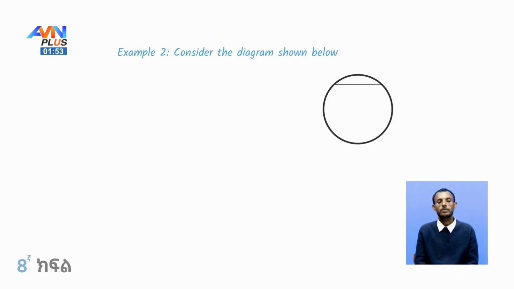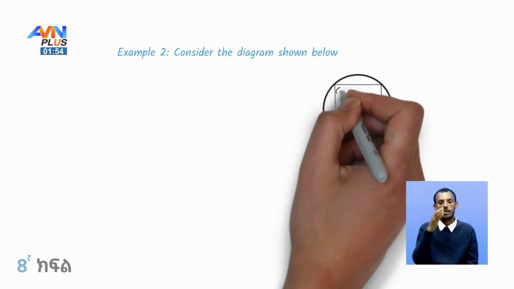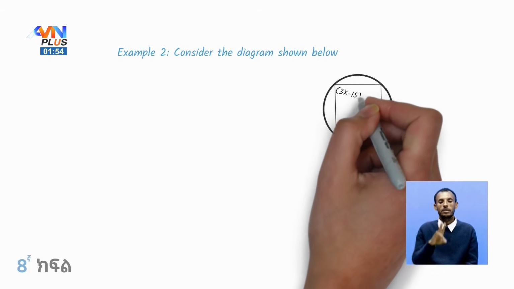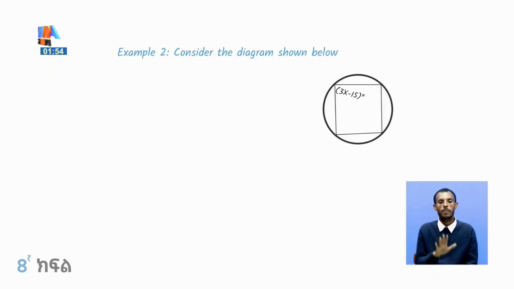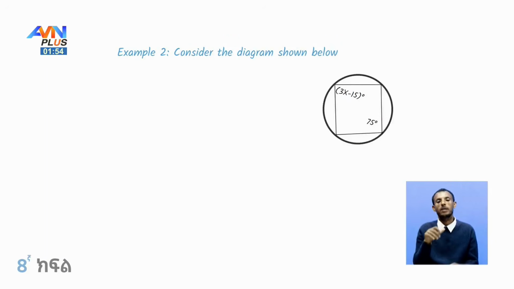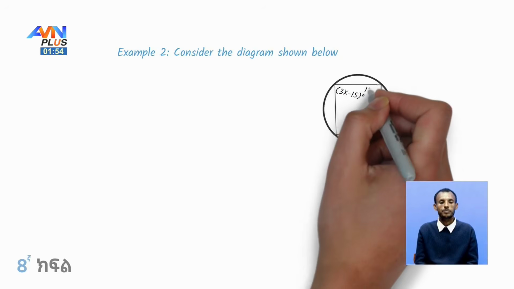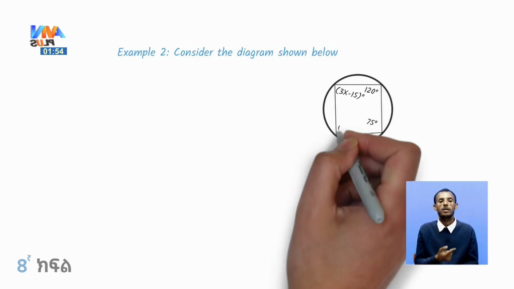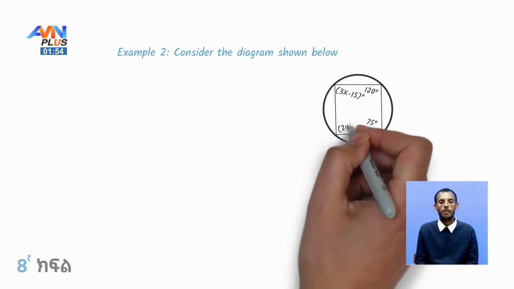The angles here are: this is 3x minus 15 degrees, here 75 degrees, this angle is 120, and here 2y plus 20.